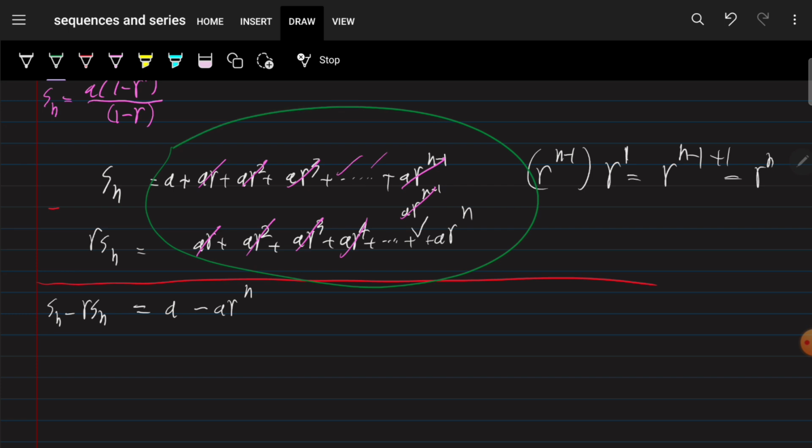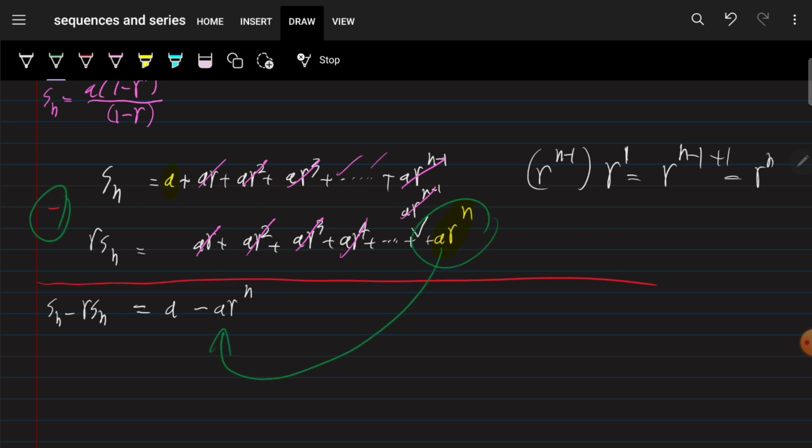When we do this subtraction, the only two terms that survive are A on top and AR to the n on the bottom. So we're going to end up with a positive A, and we were subtracting the bottom series, so we end up with negative AR to the n. The reason this is negative is because we're subtracting the bottom line here.